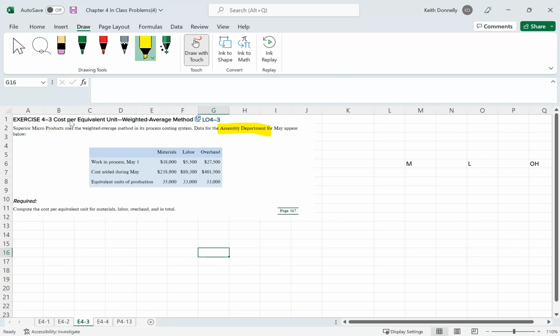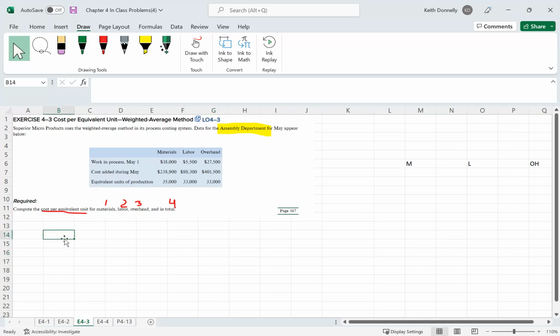What they want us to do in this example is, can you please compute the cost per equivalent unit for materials, labor, overhead, and in total.